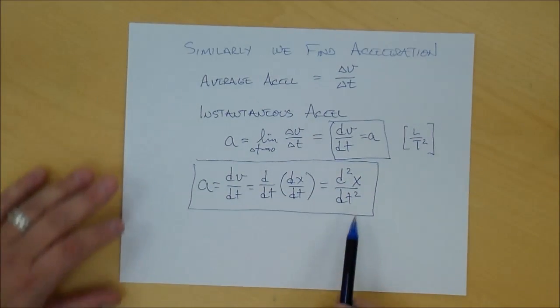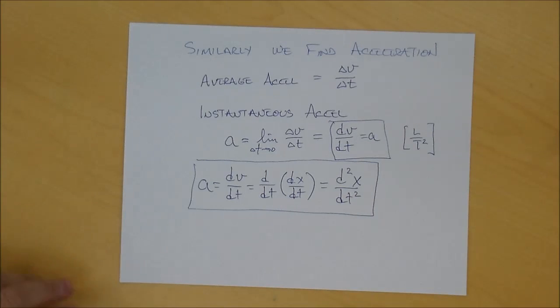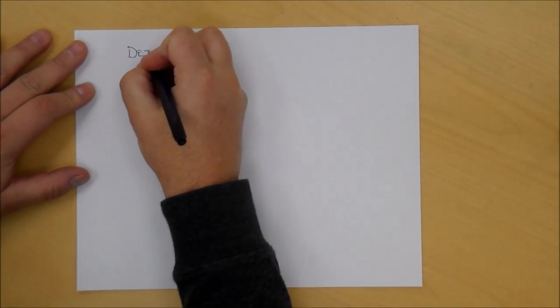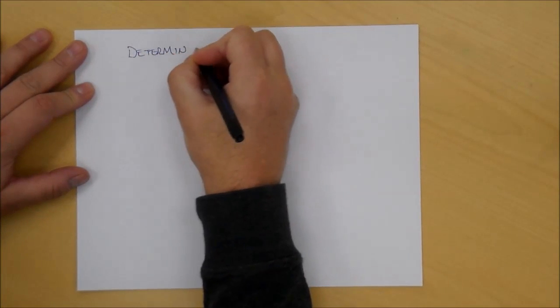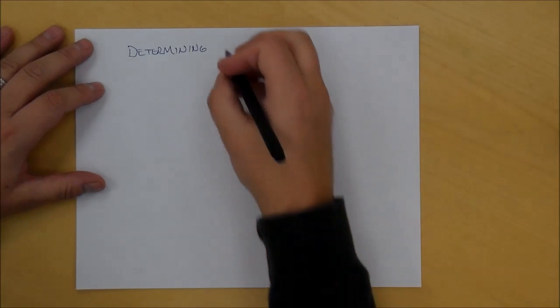So, given a functional description of the position of a particle x, we can find its instantaneous acceleration at any time. Frequently, however, the information we obtain about the motion of a particle is not in terms of the position, but rather in terms of acceleration.